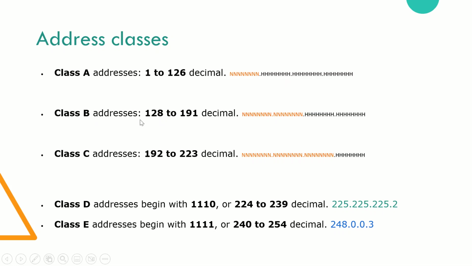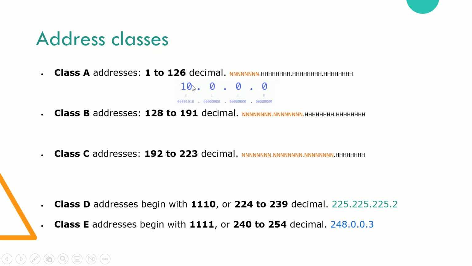In class B, addresses begin with 128 to 191 decimal. And it's better also to show you, for example, in class A you have between 1 to 126, and only the first octet is important to recognize it here.